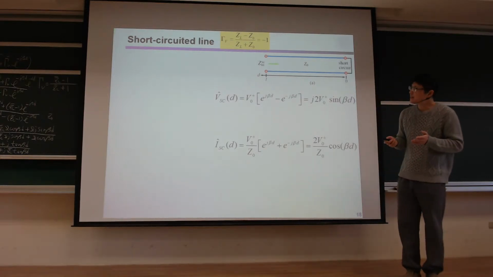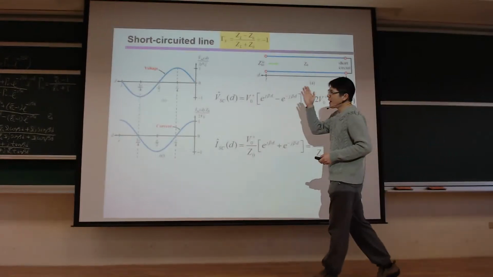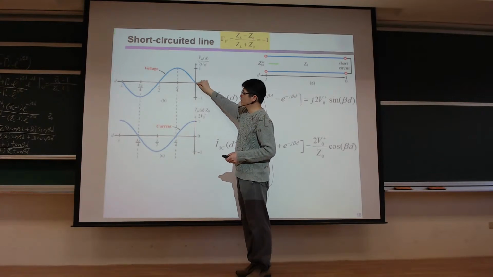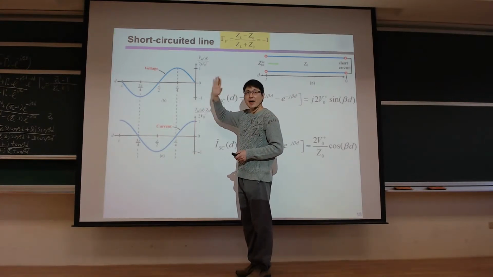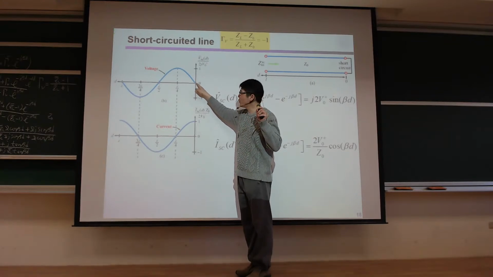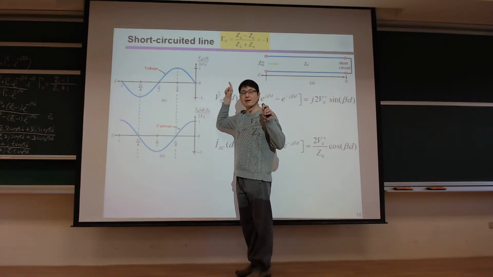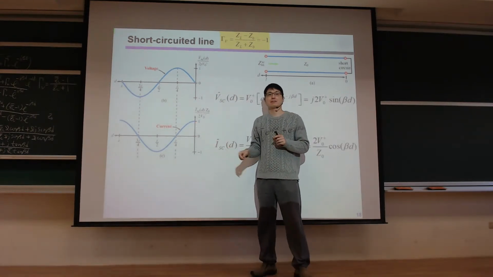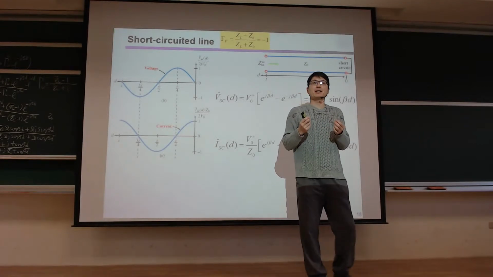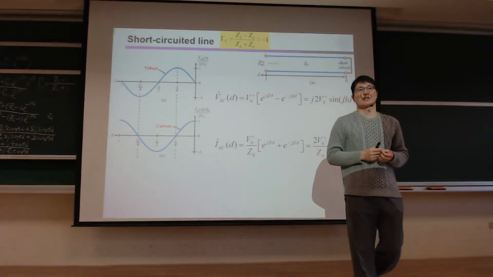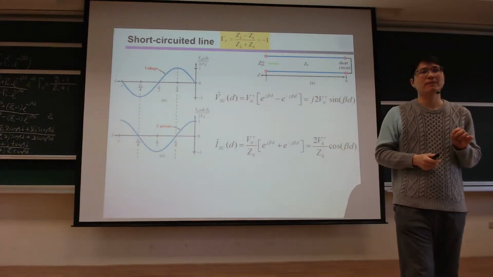So this means even though at the termination you short circuit the transmission line, you don't have allowed voltage, it will be 0 forever. That point cannot have a voltage value other than 0. But the current is actually picking up its maximum value.